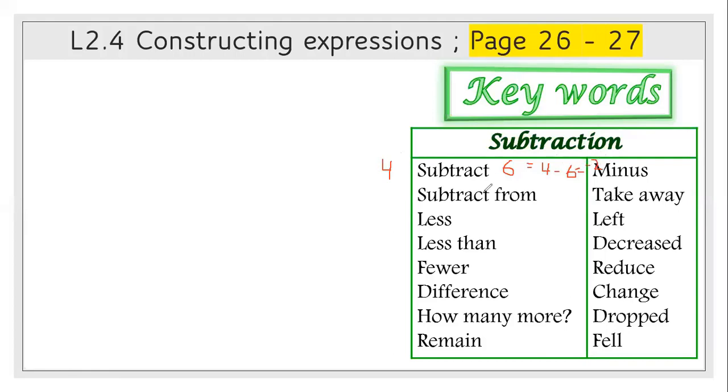But if I say 4 subtract from 6, this actually means 6 minus 4. The word from changed the order. You're going to start from the last number, then you write the first number. So this will be 6 minus 4. The same goes with the word than. It changed the order. Okay? So let's have another examples. Let's look here.